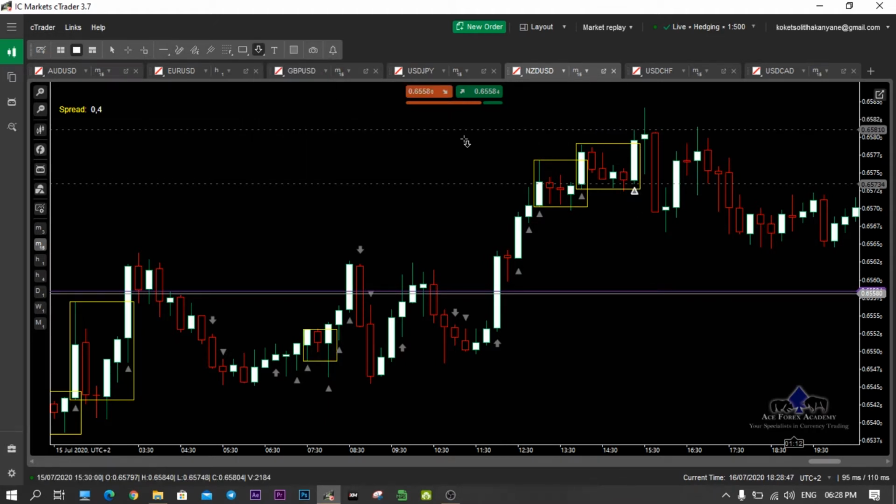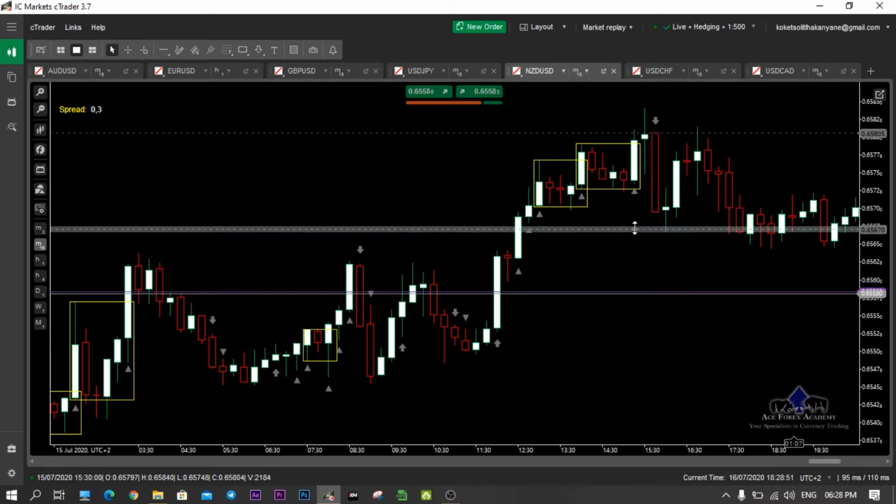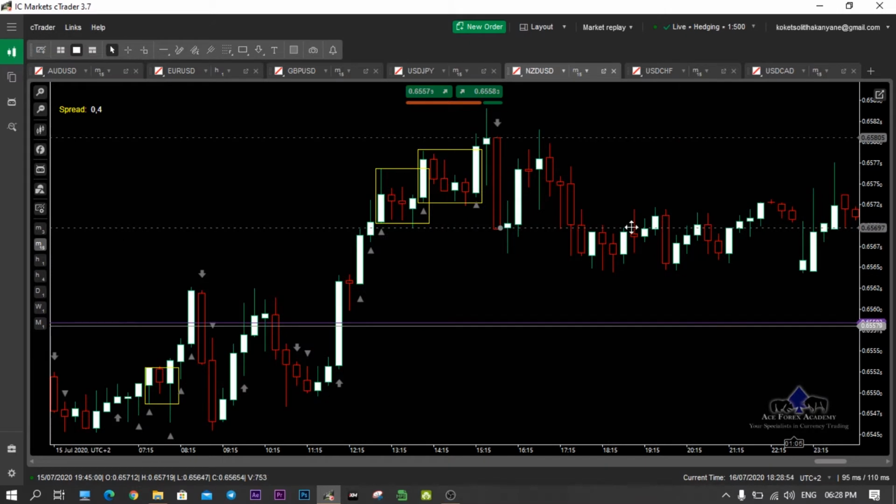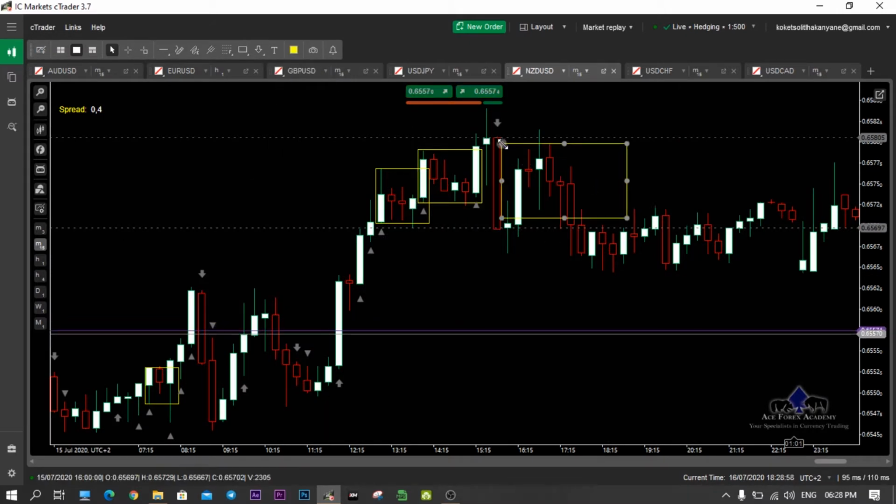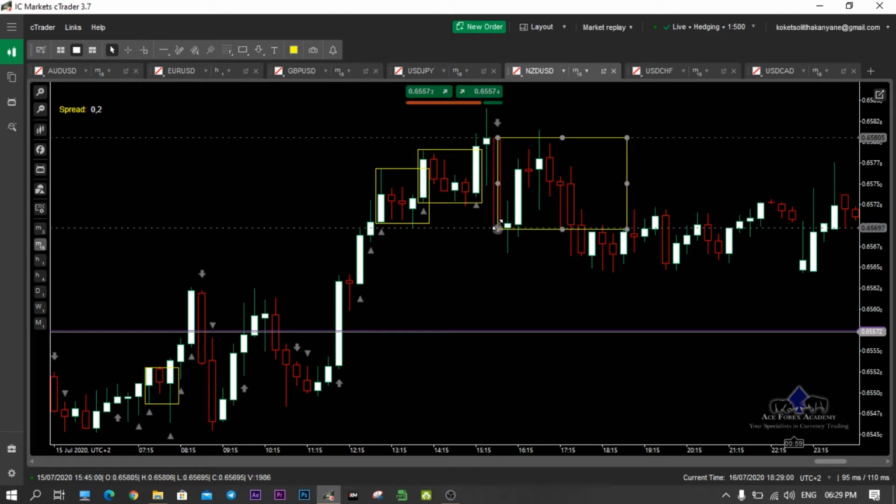Then the bulls finally lost the battle and the bears kicked in, pushed trend to the downside. And had a huge area of consolidation here, while the bears were gathering enough steam to continue to push the trend to the downside.